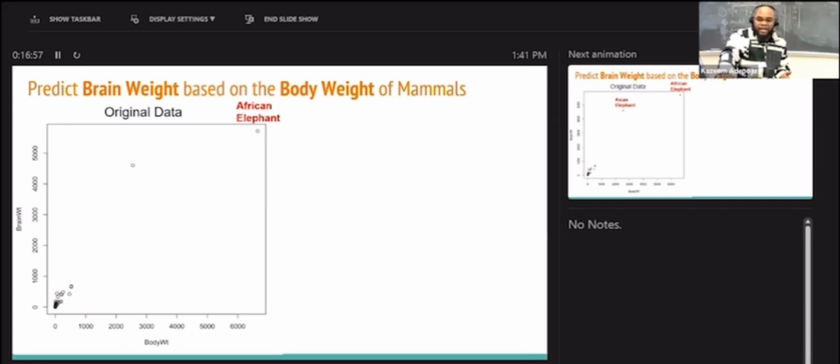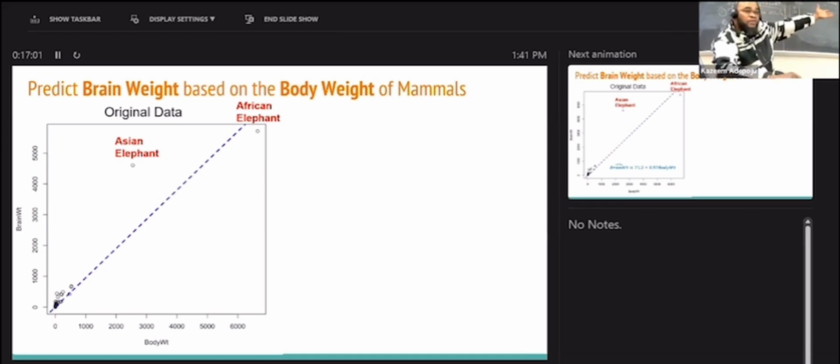And I generated this kind of plot where I plotted the brain weight against the body weight. But I can see two elephants that look like outliers. African elephants and Asian elephants, maybe they look heavier compared to the other animals.